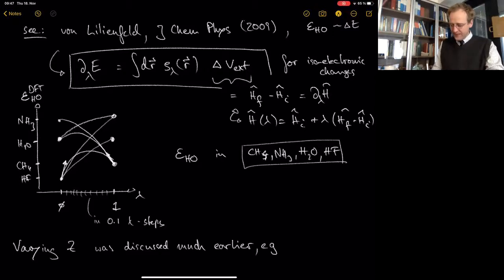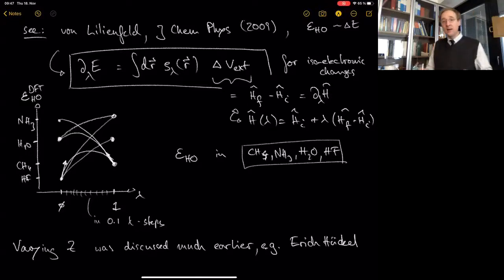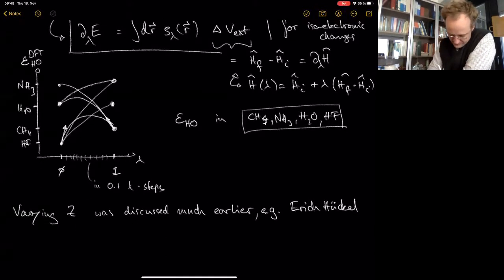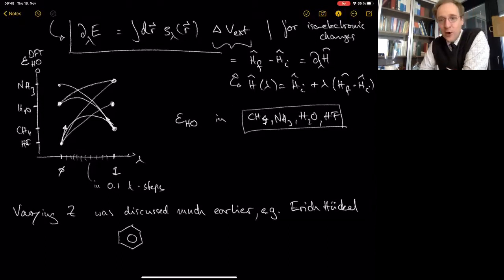For example, Erich Hückel already discussed the effect of substituting in benzene, as it was described by Hückel theory.